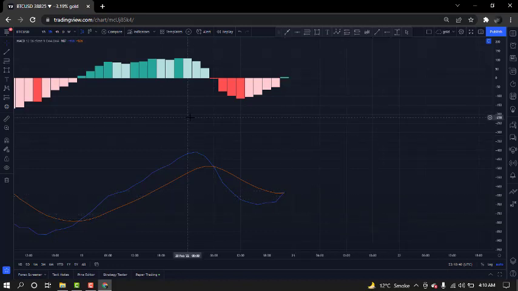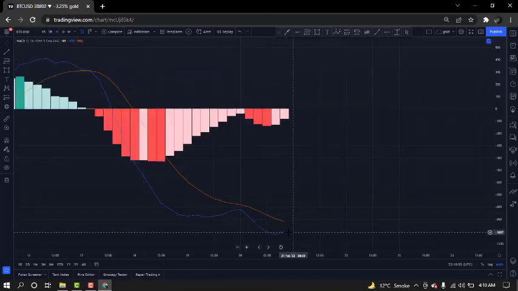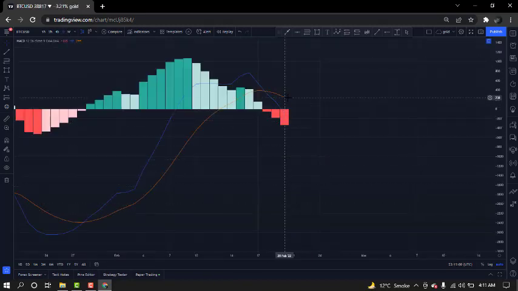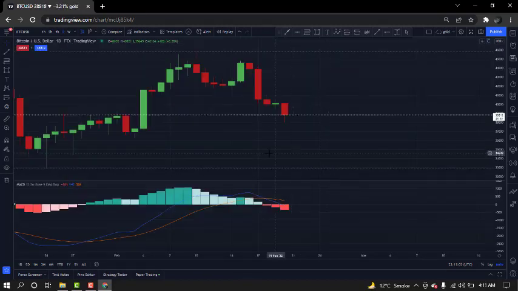So maybe in future the market will go up according to this. In the 4-hour time frame, the blue line will cross the orange, and then both lines will touch each other.